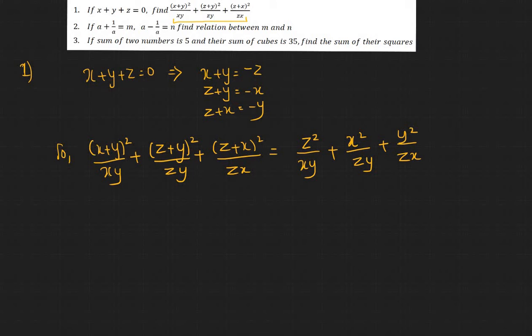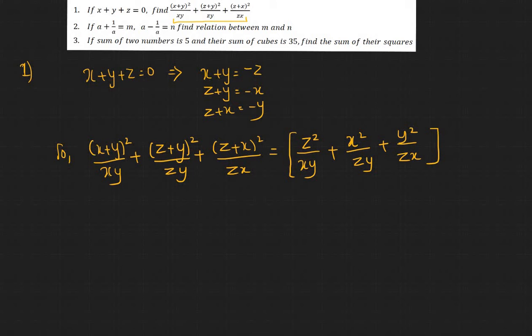If you have reached this far and got stuck, which is you have substituted for x plus y is minus z and z plus y is minus x and z plus x minus y and got stuck here, then you're not alone. Even I got stuck here when I tried to do this problem.